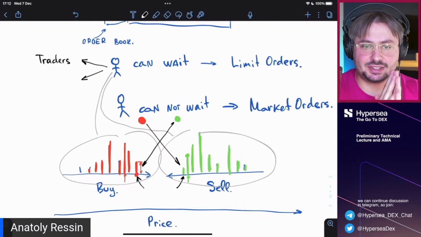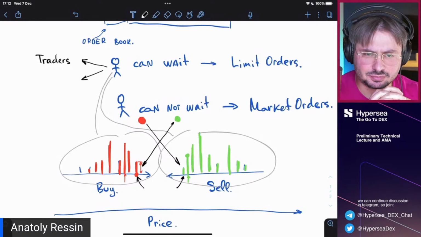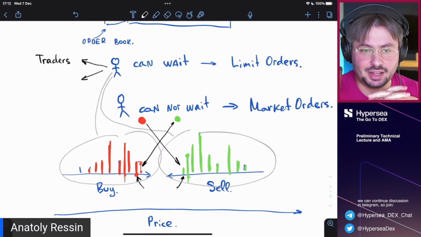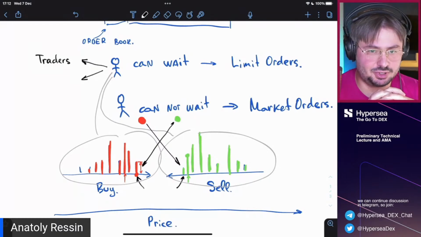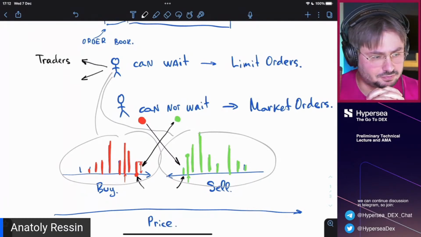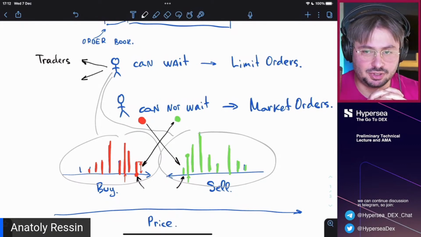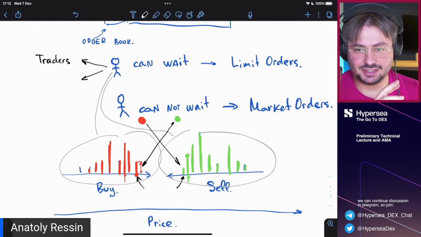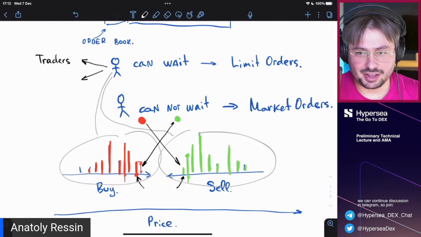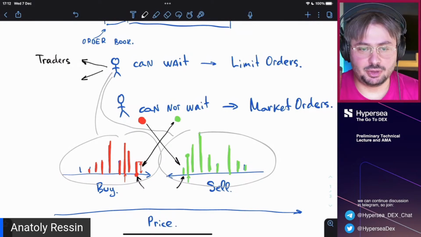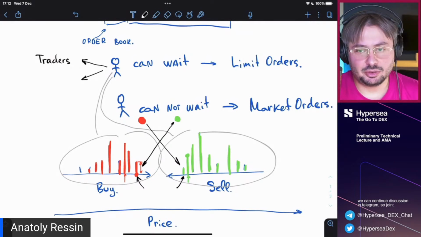Let's say that, recall that technically, from the perspective of the exchange, there are just two types of users: users who can wait and put their orders in the queue according to the price at which they want to sell or buy, and other traders who just agree with the current price, and they even agree that the price can move while their market order is being fulfilled.